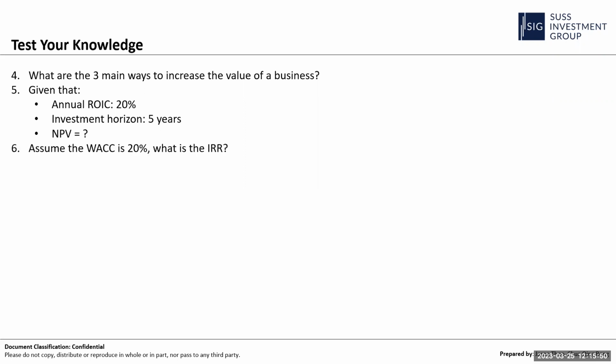Okay, so assume the WACC is 20%. Let's say I give you 1 million for the investment. What is the IRR? Okay, so let's say I change a bit. I tell you that now the market is bad, the WACC increased to 25%. How does that affect your IRR?